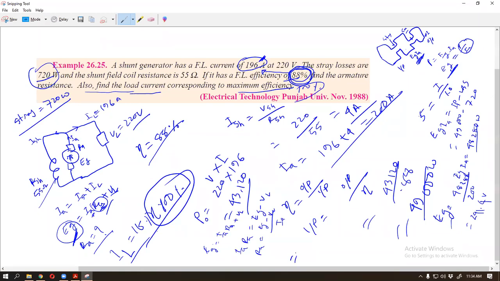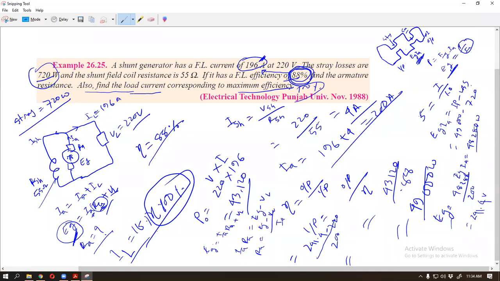Now finish: 241.4 minus V, where V is equal to 220. Okay, 220 by 200. So how is the result?